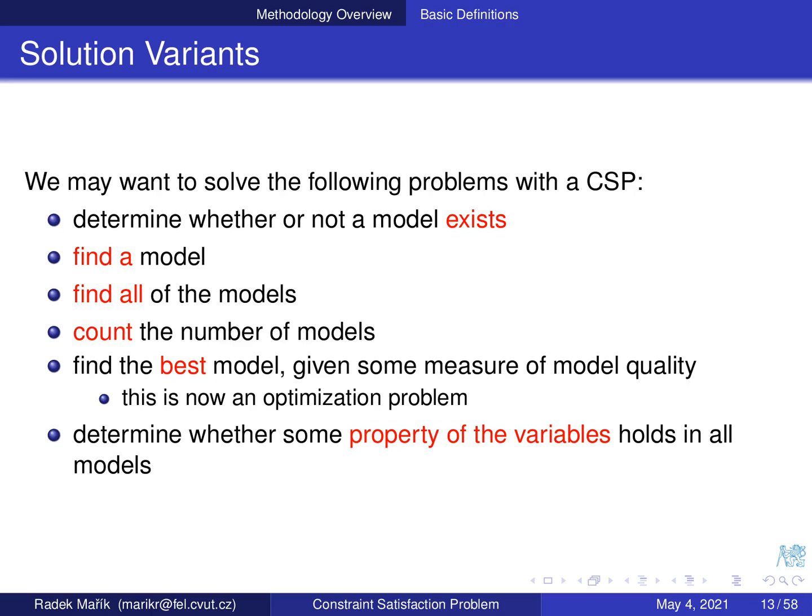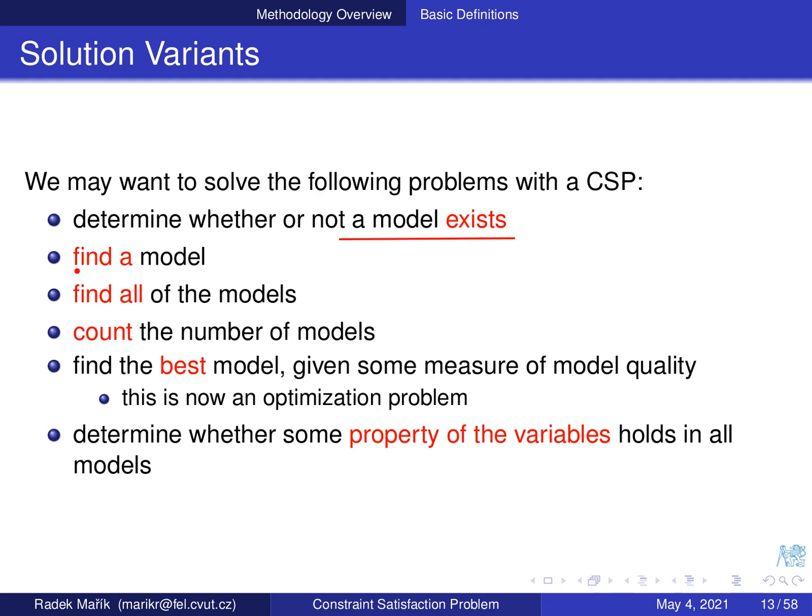Okay, now we defined the problem of the CSP, and there are a number of possible goals that can be achieved. First of all, we can ask the question if such a model exists or not. Just the question, we don't deal with the actual form of the model, just about its existence.